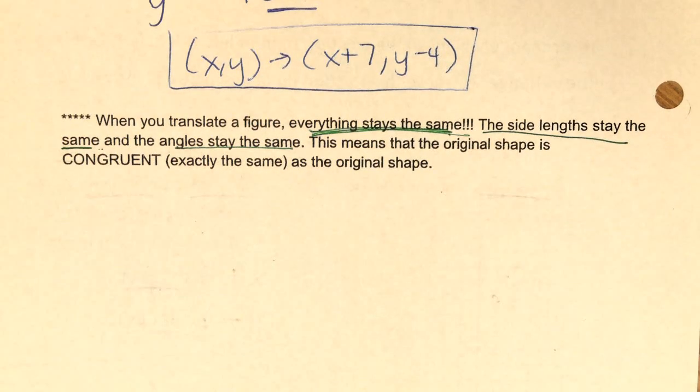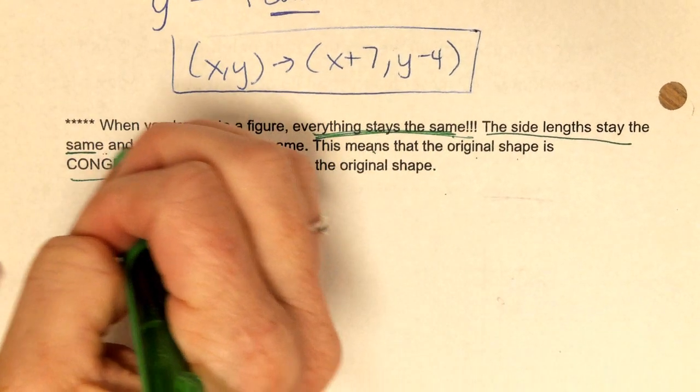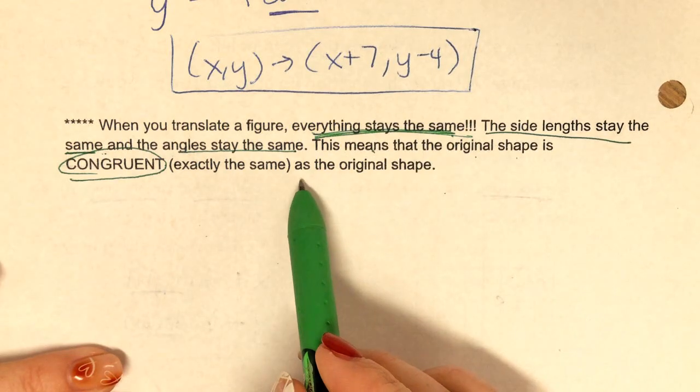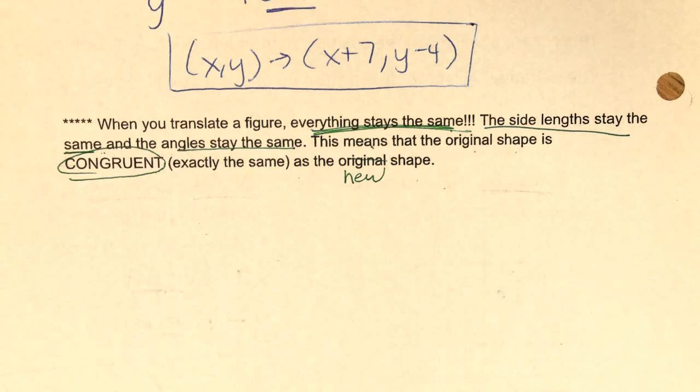So you might be asked a question over that. It might say, when you translate a figure, do the angles change? And you say, no, they stay the same. This means the original shape is congruent to the new shape. That should say new shape. The original shape is congruent, exactly the same.